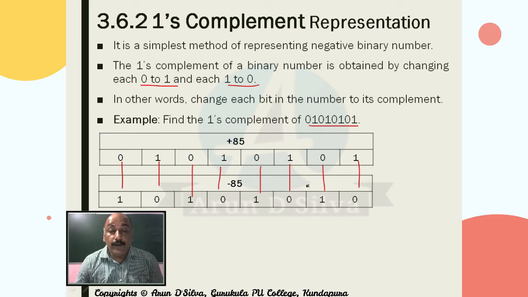The starting bit is 1 here. So that means it is a negative number, and this is what we know to represent in another method, the 1's complement method. We're just flipping the digits. Got it? So this is called 1's complement representation. I think you understood the sign magnitude.